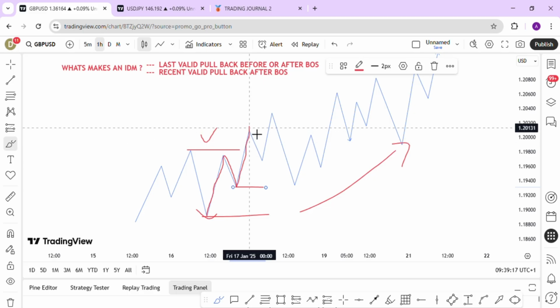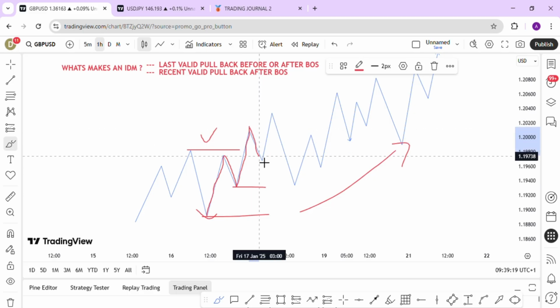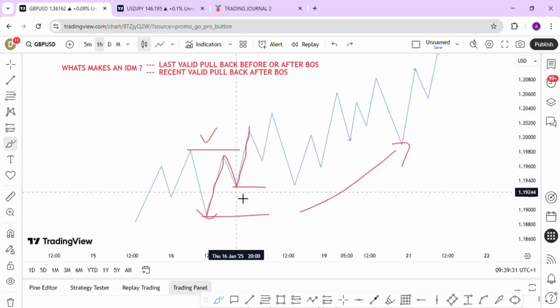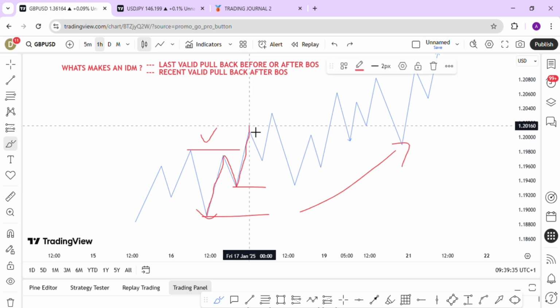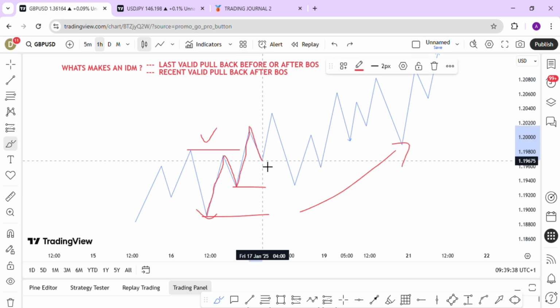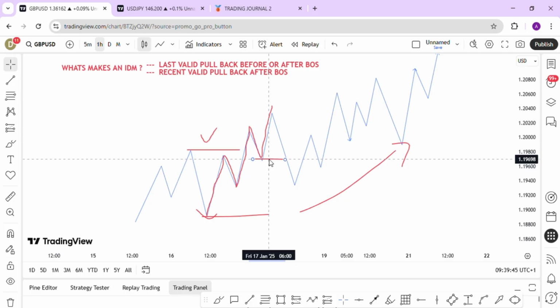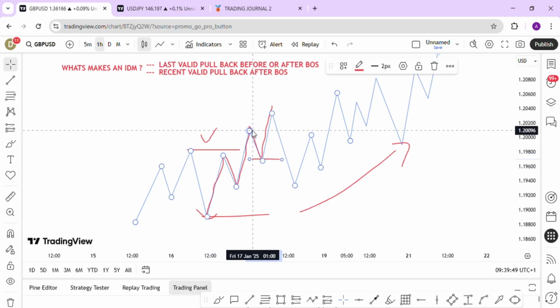So we are expecting that the market must come back to take out this level before we can think of buying or entering this trade. So this serves as our last valid pullback. But in a situation where the market refuses to come and create another one, this level will be our recent valid pullback after break of structure.